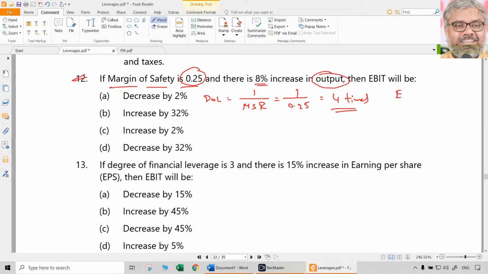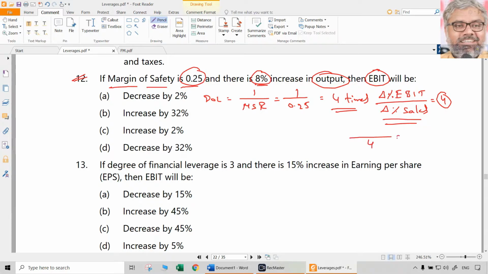So percentage change in EBIT, again, not EBIT, it is percentage change. Percentage change in EBIT divided by percentage change in sales or quantity, that is operating leverage, that is equal to 4. So question is, EBIT will be how much increased? 4 into 4, because percentage change in sales is 8%, sorry 8 into 4. So here percentage change in EBIT will be how much?